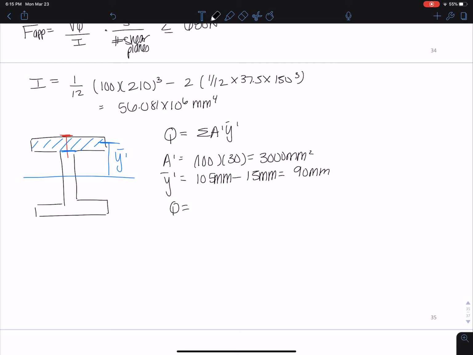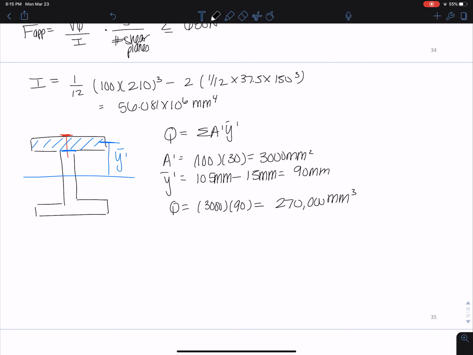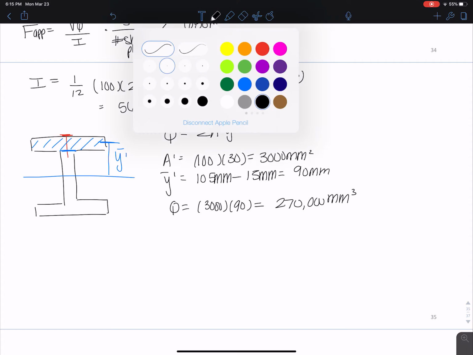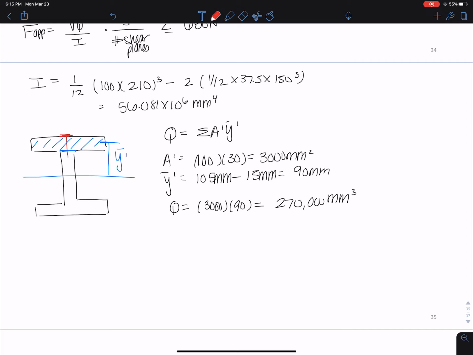And this first moment of area is associated with one shear plane, which is at the top. We only found this at the top. So this moment of area is only connected to this one shear plane. That's what this value is associated with.